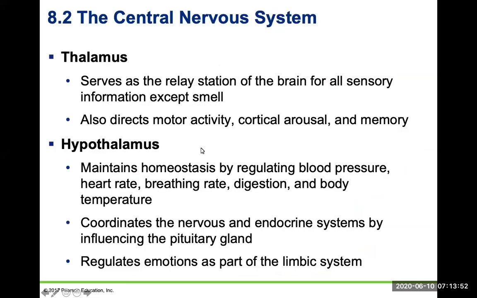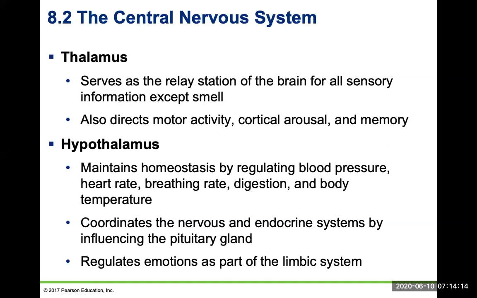The thalamus serves as the relay station of the brain for all sensory information except smell. It directs motor activity, cortical arousal, and memory. Your thalamus is what we call the screening point for all sensory information that comes into the brain, and it chooses what it will send on to the different lobes of the brain.